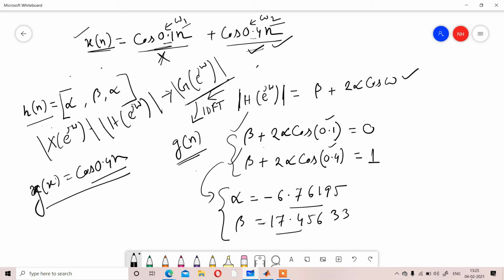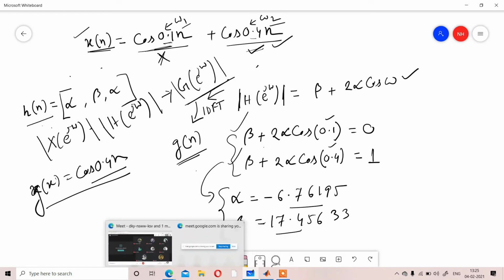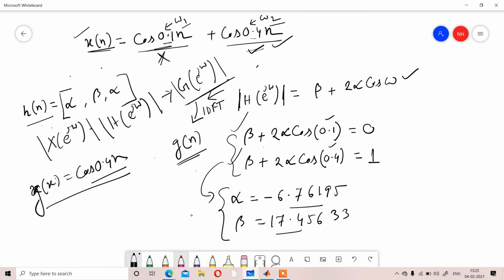If we want to keep cos 0.1n, that equation will be 1, and the 0.4 one will be 0, right? That will be 1, that will be 0, and you solve for alpha and beta. And if we use alpha, beta, alpha in that format, then it is done the way we were calculating magnitude and phase. Okay, so in that way you have to do the filtering.